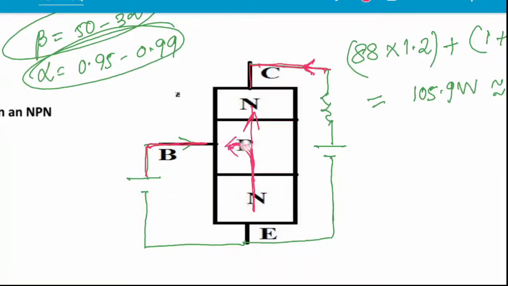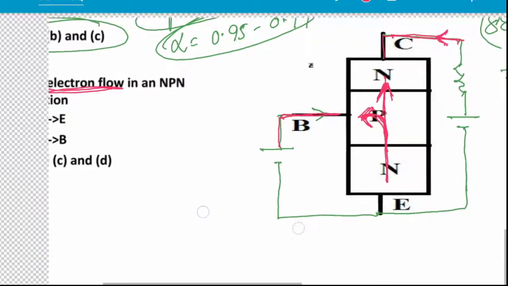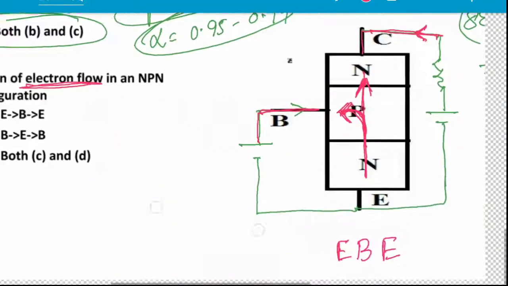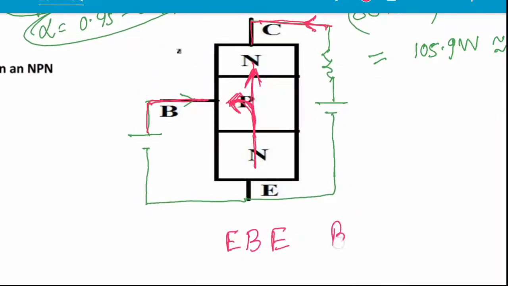Electrons are completing their cycle in two paths. One is emitter, base, emitter. The next one is emitter, base, collector, emitter. This is one, and this is the other.